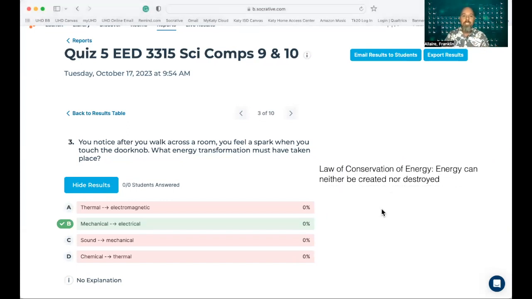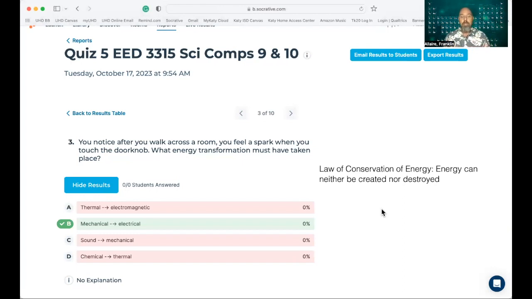So we have all of these different forms of energy: thermal energy, electromagnetic energy, mechanical energy, sound energy, light energy, chemical energy. In this case, we have a transformation from mechanical, which is movement, so it's your feet rubbing along a carpet, your pant legs swishing back and forth, to electrical.